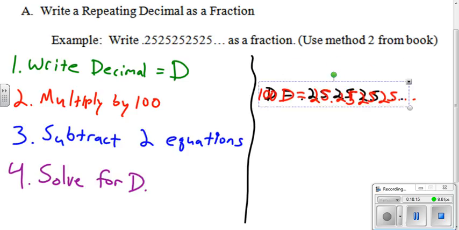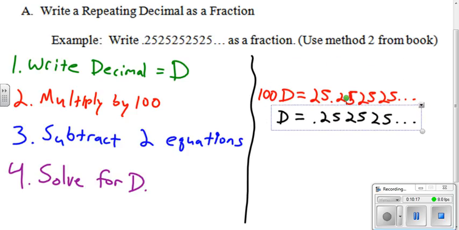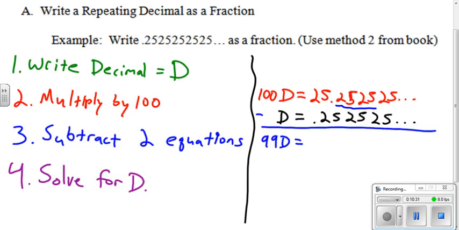Now we subtract these two. So I'm actually going to move this one down so that we can subtract these two. It'll look like this. So we end up with 99d equals 25.25 repeating. Notice how this piece is the exact same as all of this.